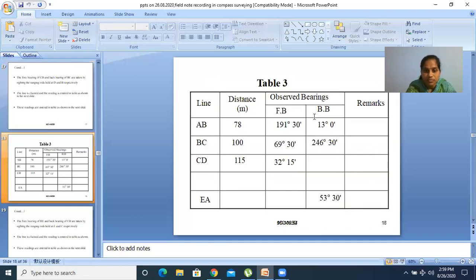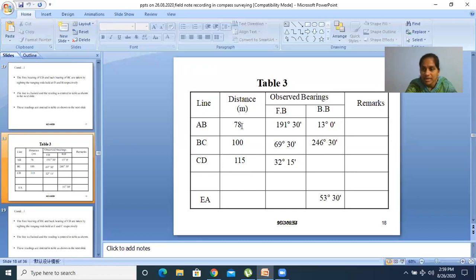So for the CD line, by placing the ranging rods at D and B, we are taking the fore bearing of CD, that is 32 degrees 15 minutes, and the back bearing of BC, that is 246 degrees 30 minutes, taken from station C. And the distance between station C and D is 115 meters.